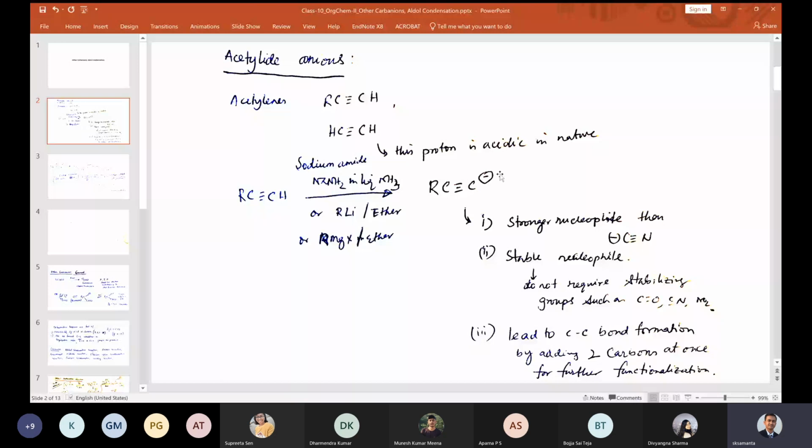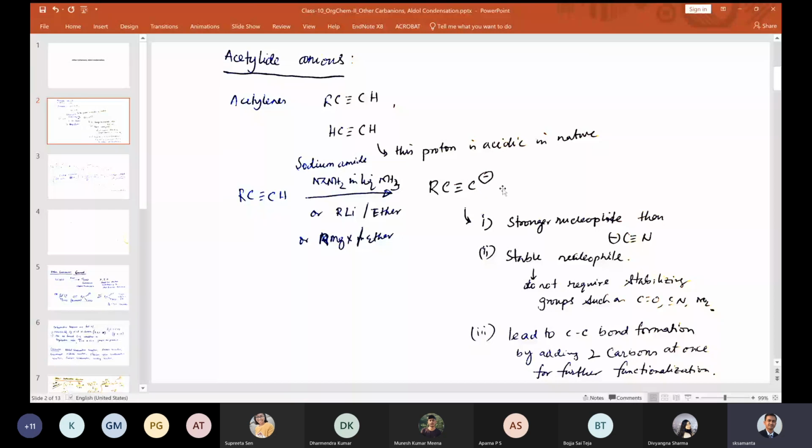We can use sodamide, NH2 minus in liquid ammonia, or we can use alkyl lithium or alkyl magnesium halides. Because I already told you that alkyl lithium or alkyl magnesium first acts as a very strong base. If there is no acidic proton, then it acts as a nucleophile. So it picks up this acidic proton and converts it into acetylide anion.